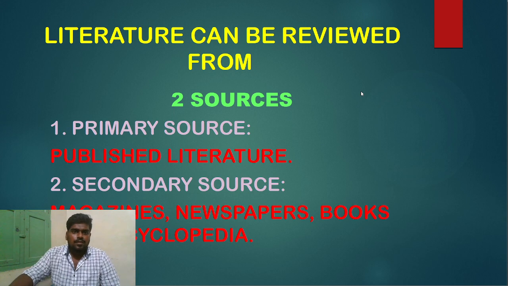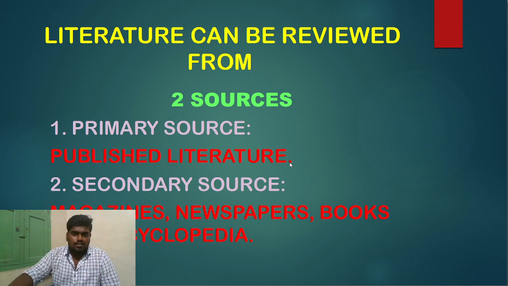So now these are the primary source and secondary source from which we can take our relevant information. The primary source is the published literature, which is research journals from well-known publishers like Elsevier and IEEE.